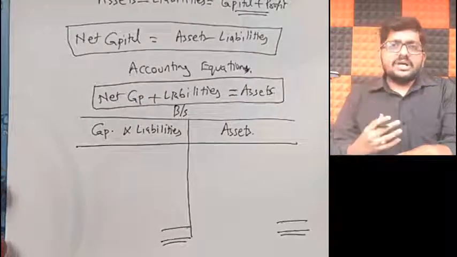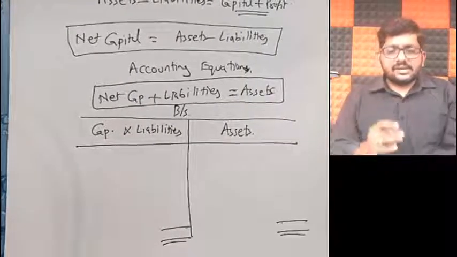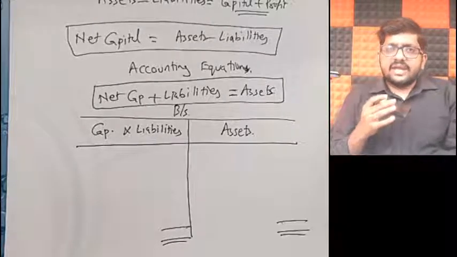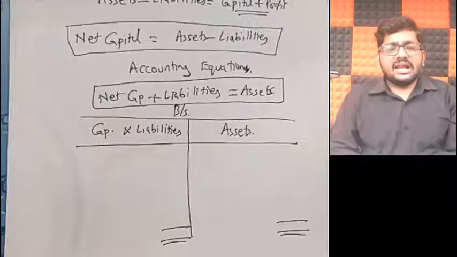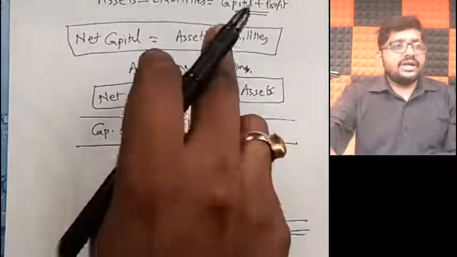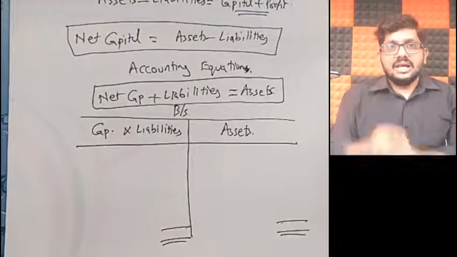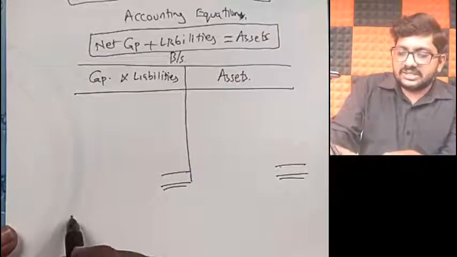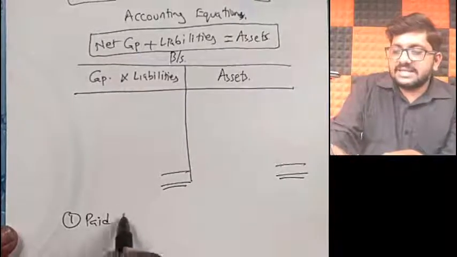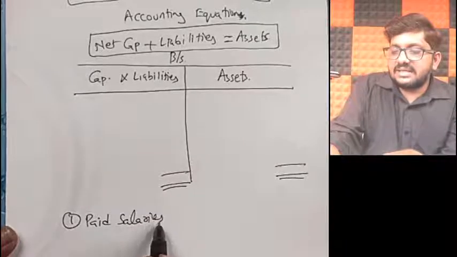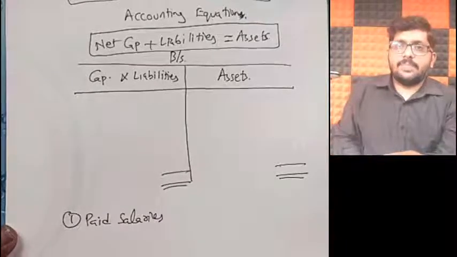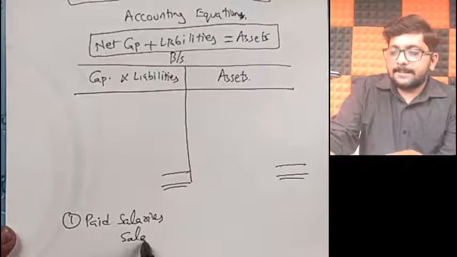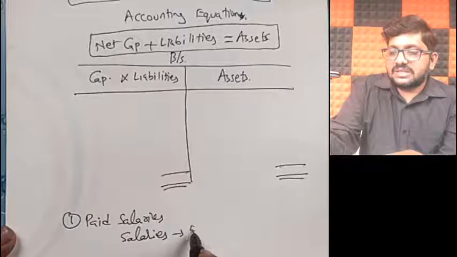Now, sir, you told something. Sir, you said any transaction will affect this balance sheet. Yes, and accounting equation will hold good. Let me show you some examples. For example, let us go to our basic transactions. For example, paid salaries. What will happen, my dear friends, when paid salaries? Salaries will be our expense.